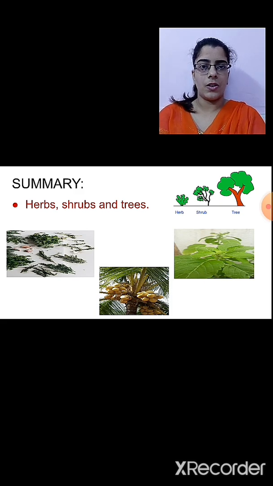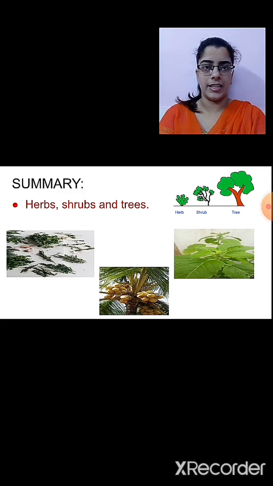What are the examples of the herbs that we use in our day-to-day life? Coriander, mint, wheat, rice, etc. are some of the plants that belong to the herb category. Then we have studied about shrubs.